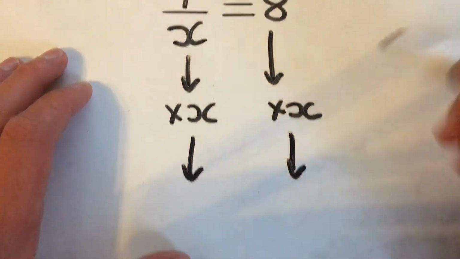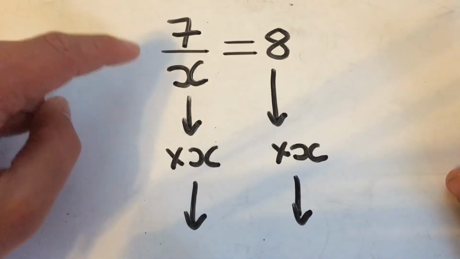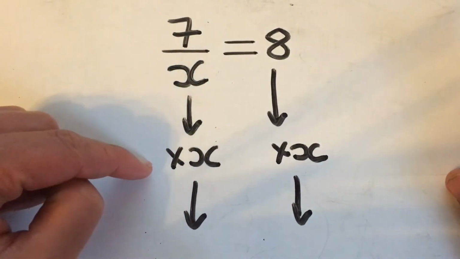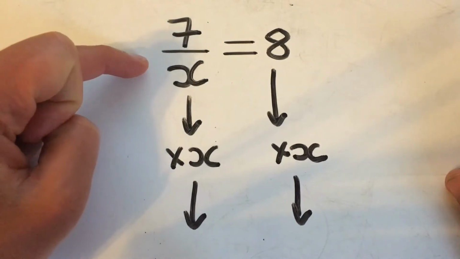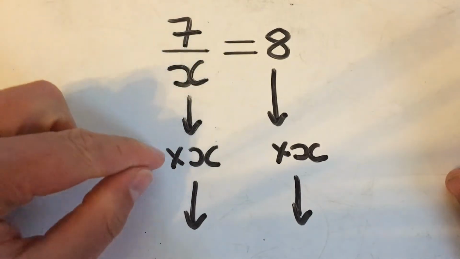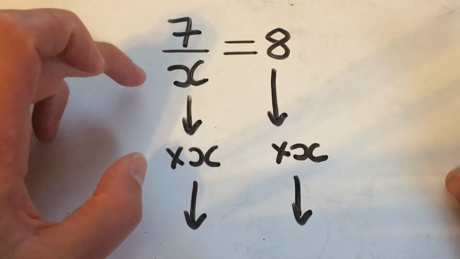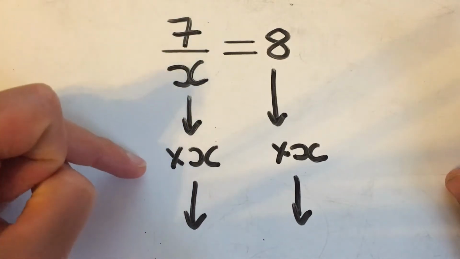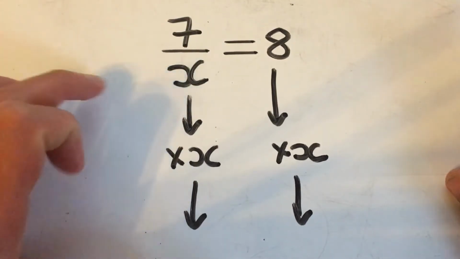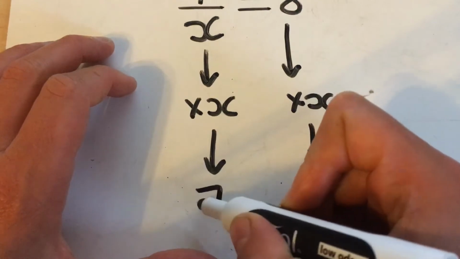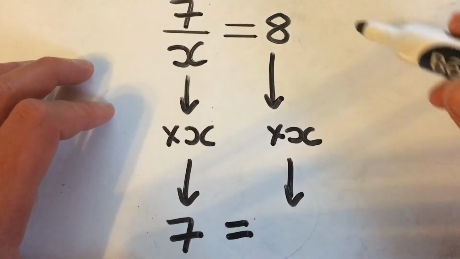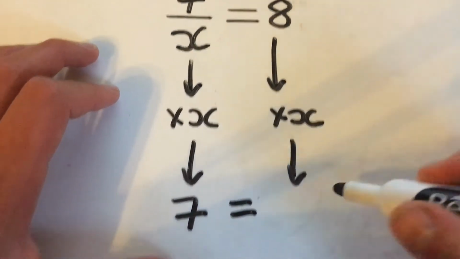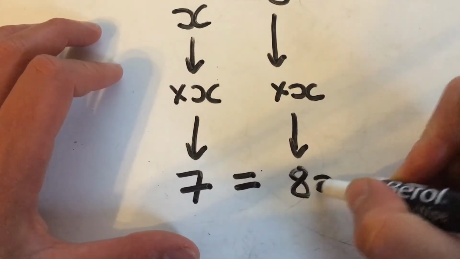So on the left hand side, I've got 7 divided by x multiplied by x. Well, the inverse, or the opposite of divide by x, is multiplied by x. They cancel each other out. X divided by x is 1. So all we're left with on this side is 7. And that's going to equal 8 multiplied by x, which of course is 8x.